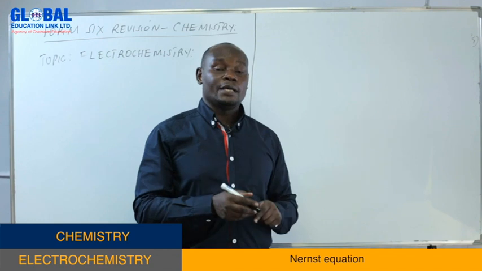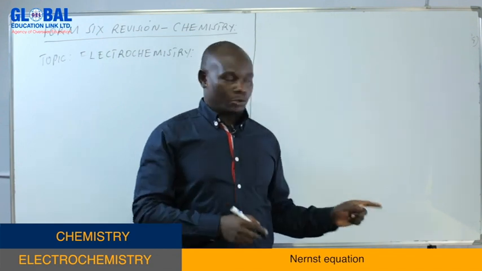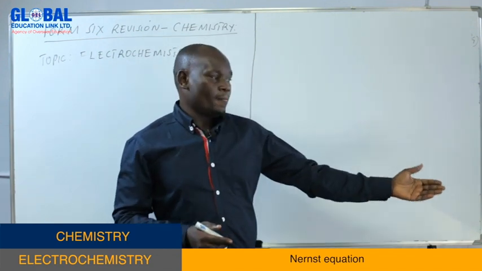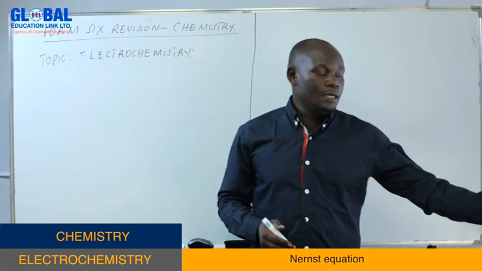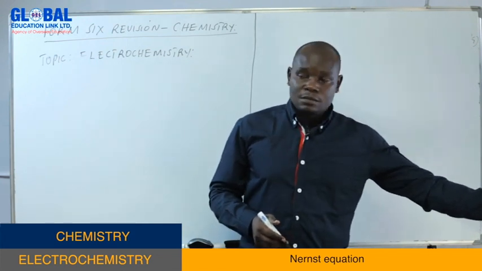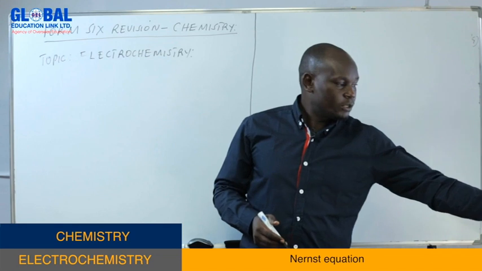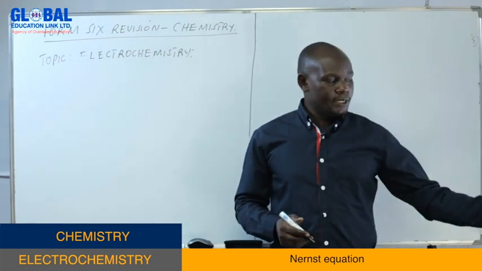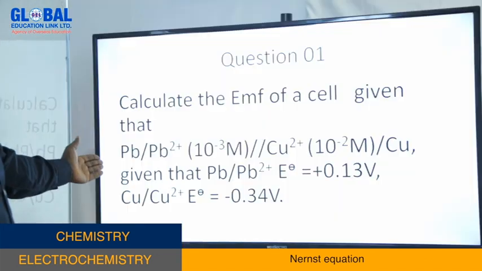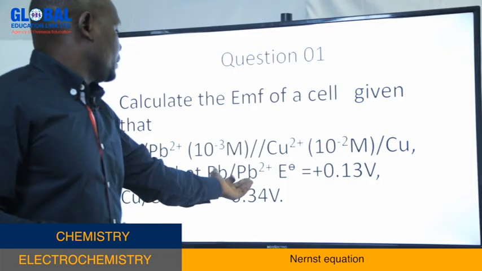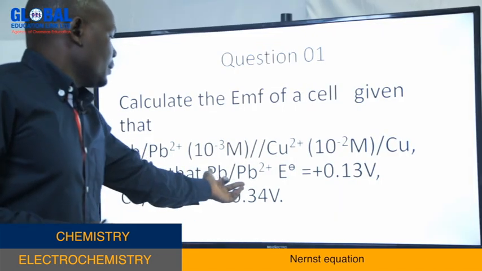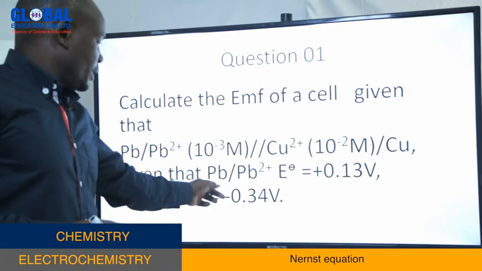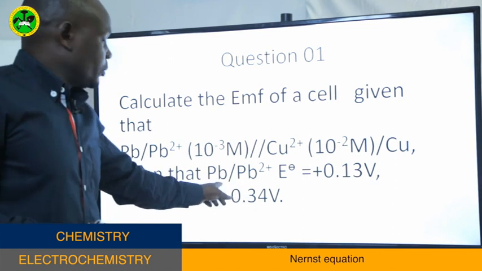That's why we call them reduction potentials. If we consider here, for example, lead here is in oxidation form, so it means that you have to change it, and when you change it into reduction form, the standard electrode potential sign should also change. Now copper also is in oxidized form, so it should be in reduced form.